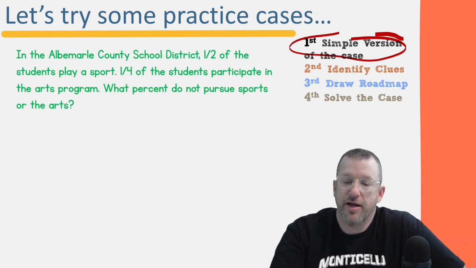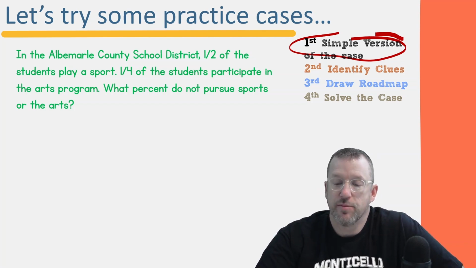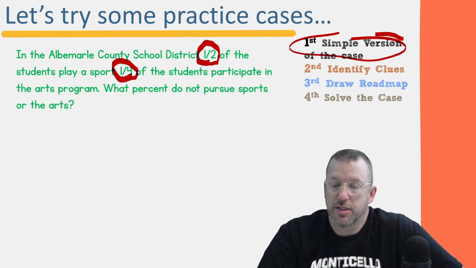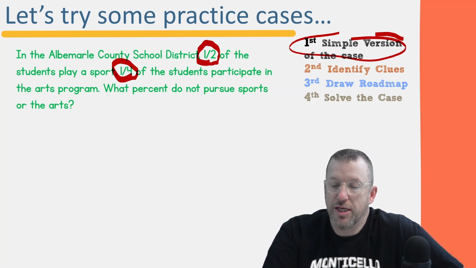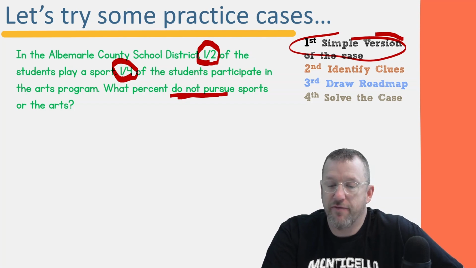Next thing is identify clues. Let's look for some clues. So we're going to circle our numbers, okay? And we're going to look for some things that will help us solve this problem. What percent do not pursue sports, right? So if we have half of the students play soccer, 1/4 of the students participate in the arts. So it looks like we have these two things.